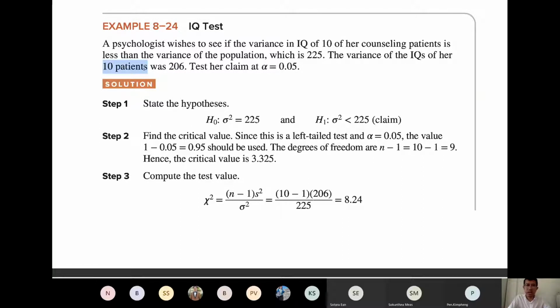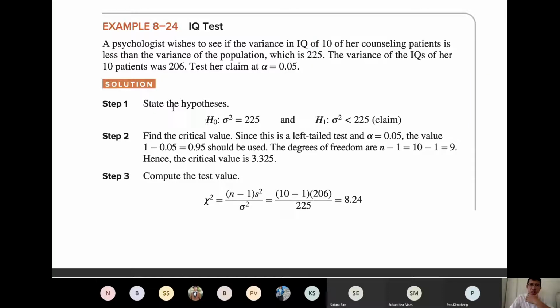You select a sample of 10 patients, right? Your claim is we're trying to compare the variance of the IQ of the patients selected to the variance of the population. So we know the population variance is this.